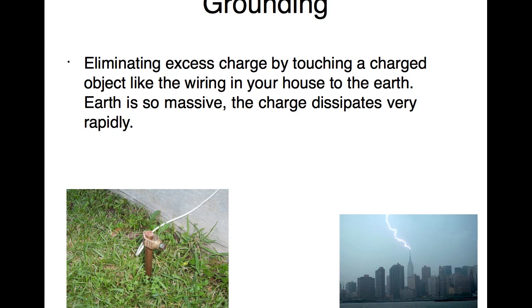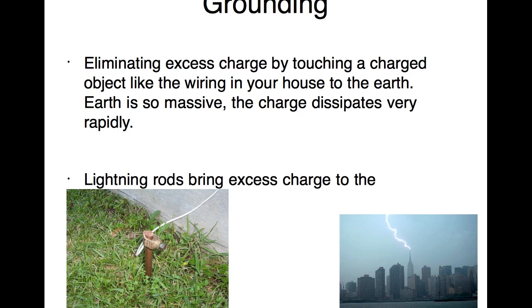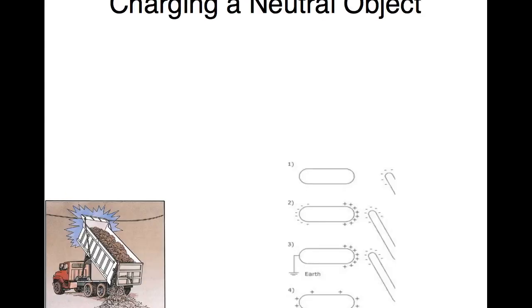Grounding is eliminating excess charge by touching a charged object, like the wiring in your house, to the earth. Since Earth is so massive, the charge dissipates very rapidly. Lightning rods bring excess charge to the ground from the atmosphere.